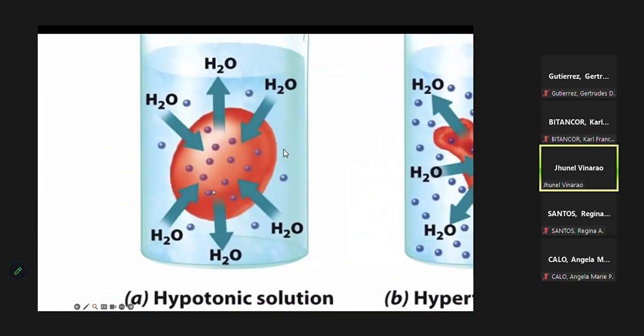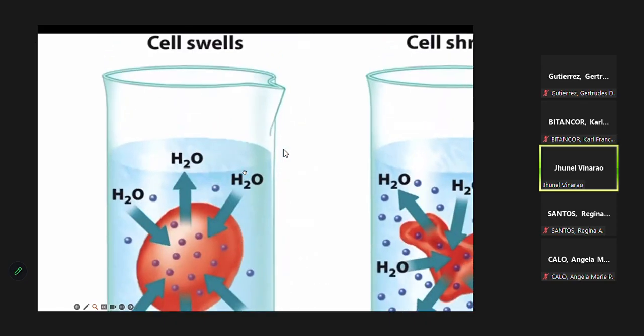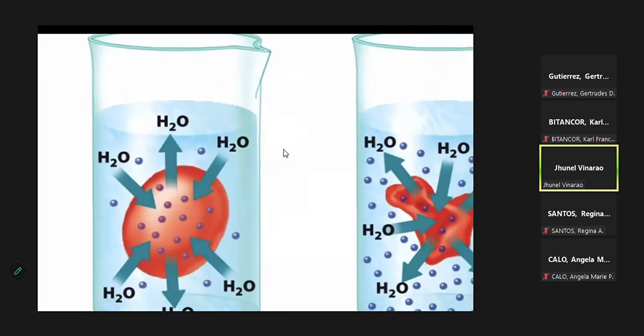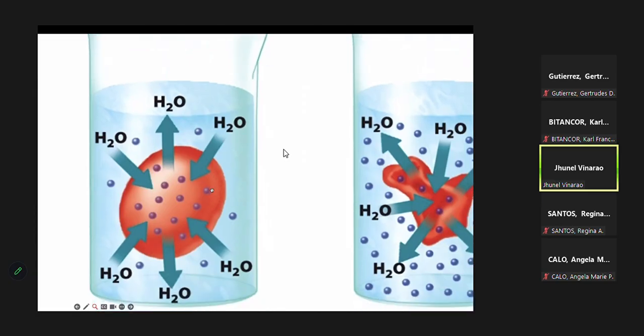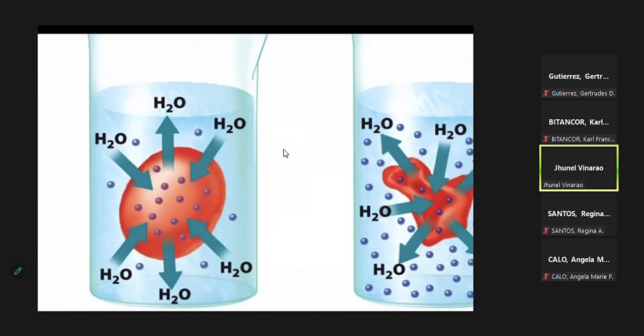But for animals, we don't want a hypotonic solution. It has to be an isotonic solution, because let's say you are a doctor and you need to temporarily store an organ. You don't want to submerge your organ in pure water, because the water will be absorbed by the cells in that organ and all the cells are going to burst.